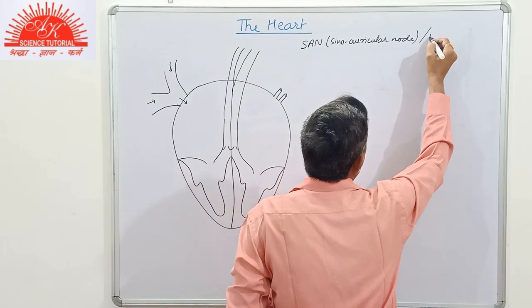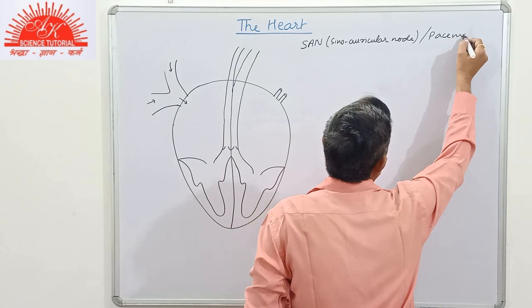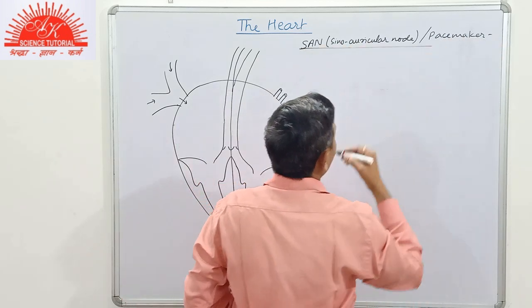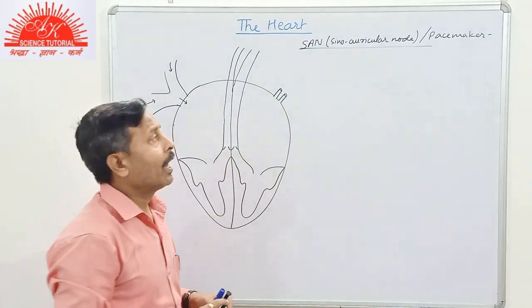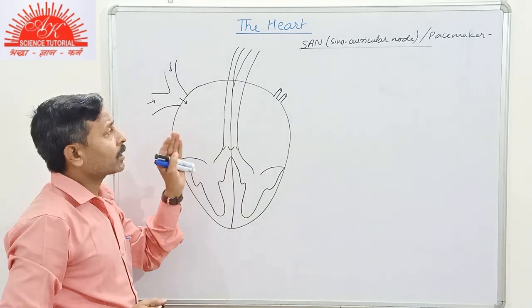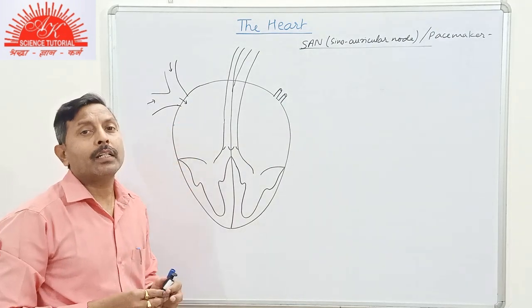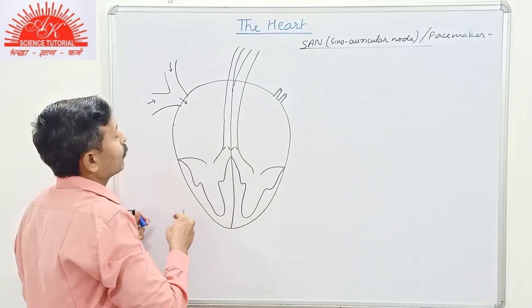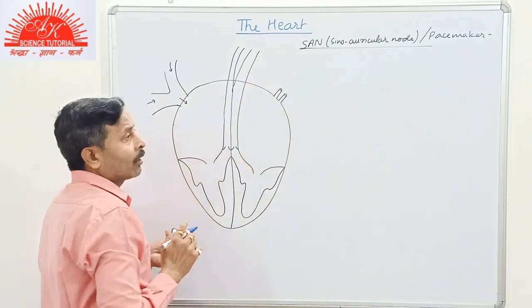Commonly this is termed as pacemaker. Now just as we had started the topic and said, we will study all these structures in 2 points, that is about location and the function.